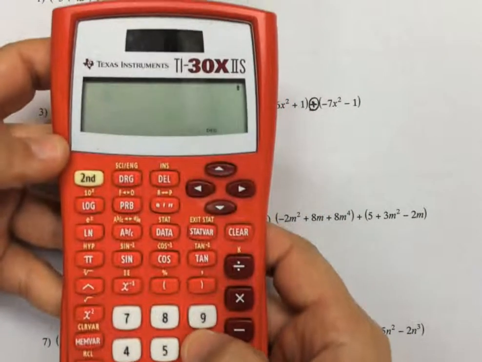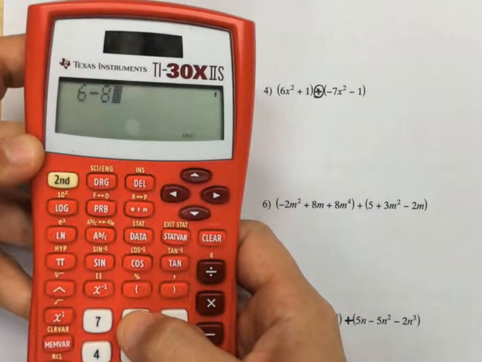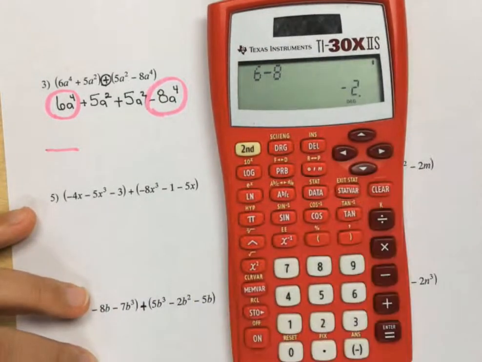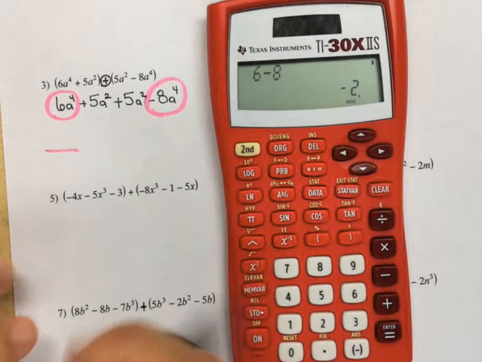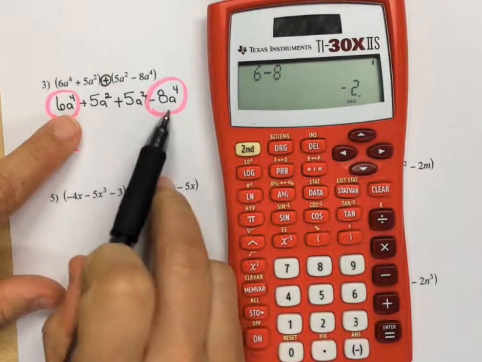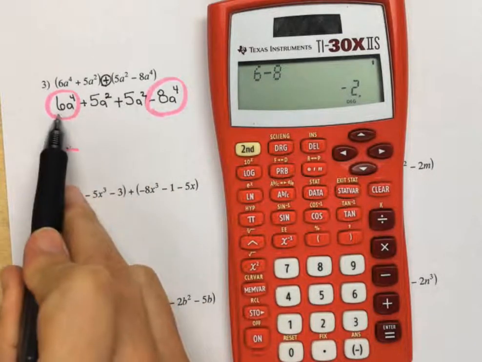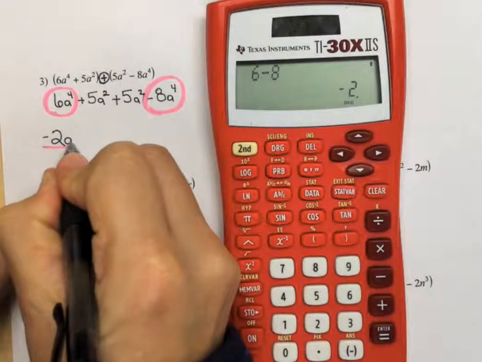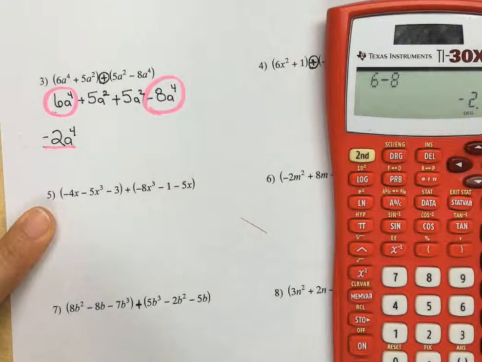So we will have 6 minus 8. Our answer is negative 2. So we combined our pink terms, rewrite our answer here, which is negative 2, and we have to attach the same variable, a to the fourth. We combined our terms, 6 and negative 8. We keep our variable, a to the fourth. We're now done with those pink terms.